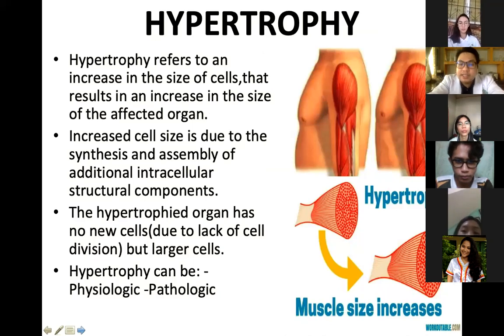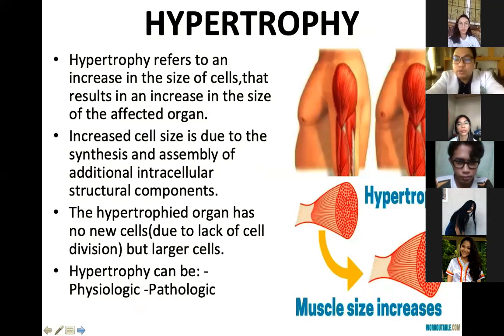So physiologic, class, the common example of physiologic hypertrophy is seen in those people who go or perform bodybuilding. Okay? Lumalaki ang muscles because lumalaki yung cell ng muscle. Okay? The hypertrophied organ has no new cells, but it becomes larger.